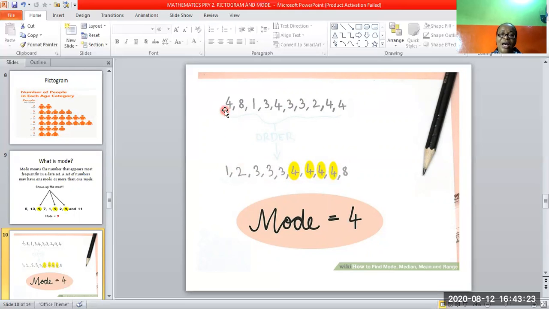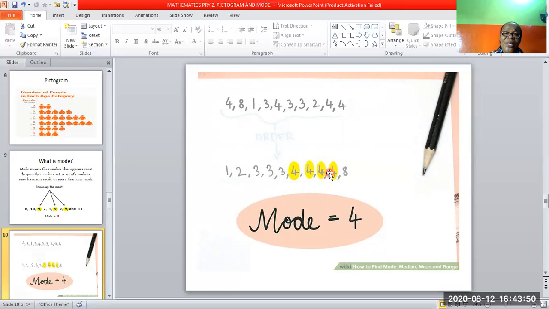We are sure we have covered all these numbers. So 3 is repeated 3 times and 4 is repeated 4 times.